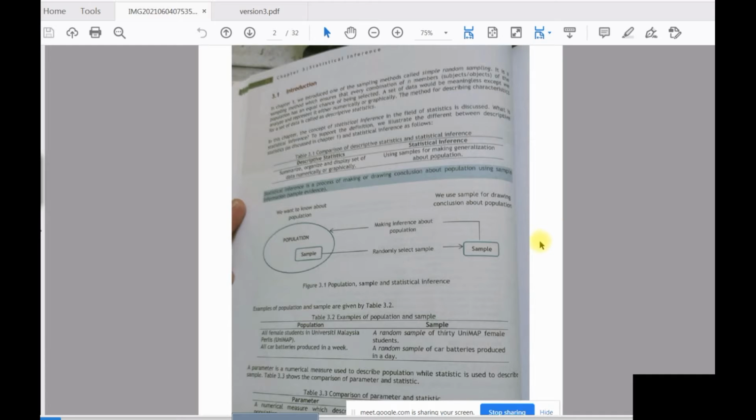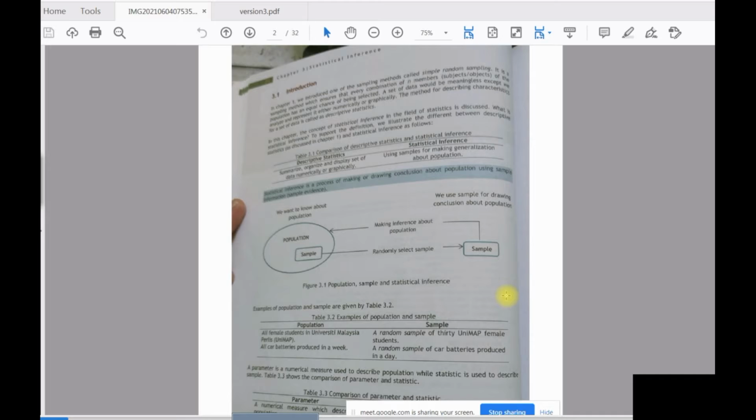So population and sample, the difference is, for example in table 3.2, we have all female students in University of Malaysia Perlis. For the sample we take a random sample of 30 UniMAP female students. That is the difference. So population is all car batteries produced.